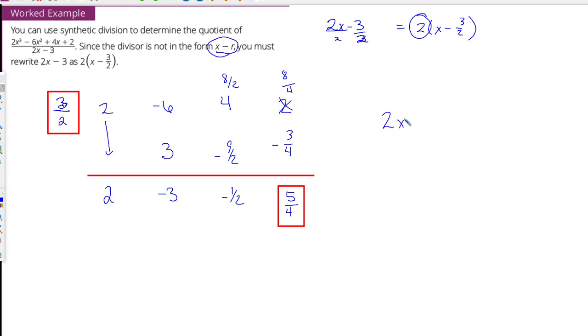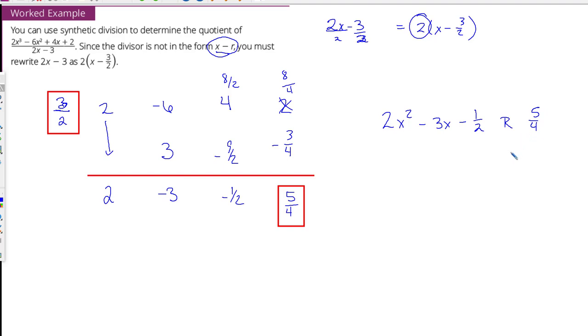So that gives me 2x squared minus 3x minus 1/2 with the remainder of 5/4.